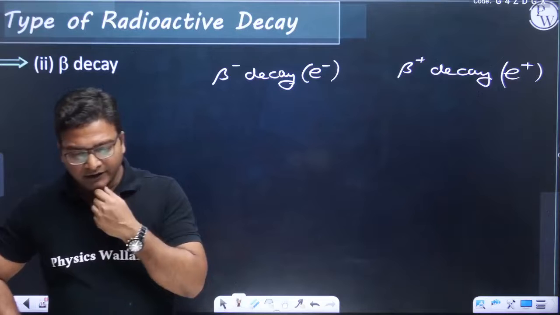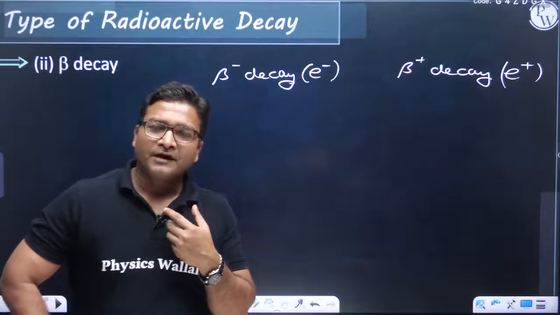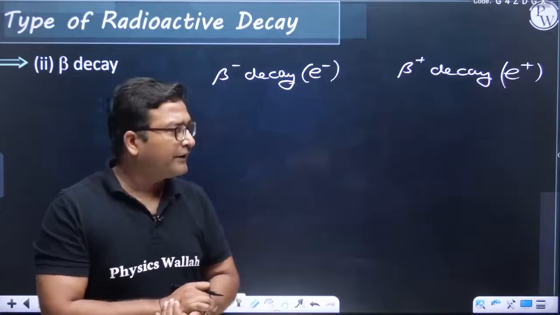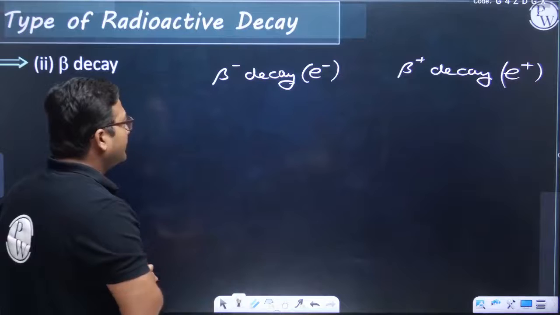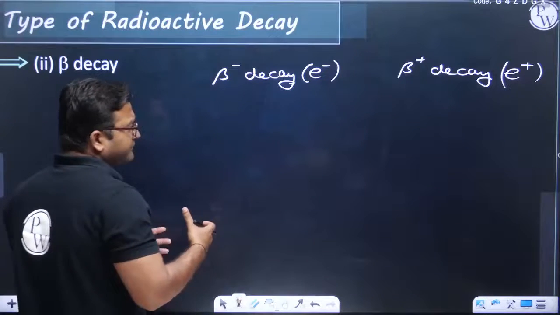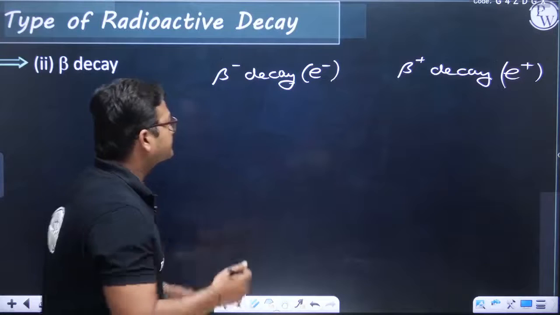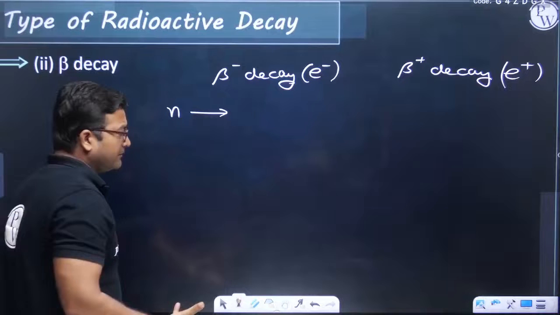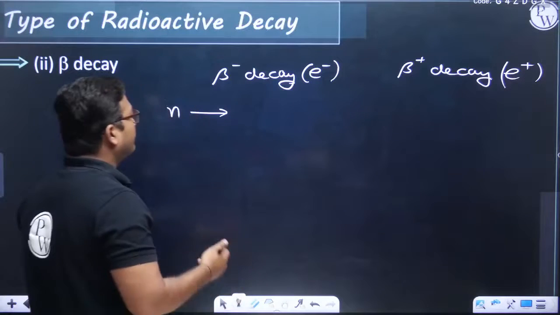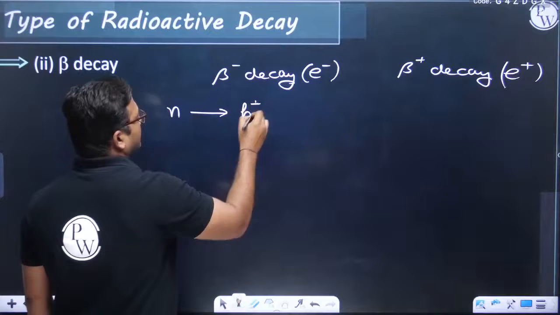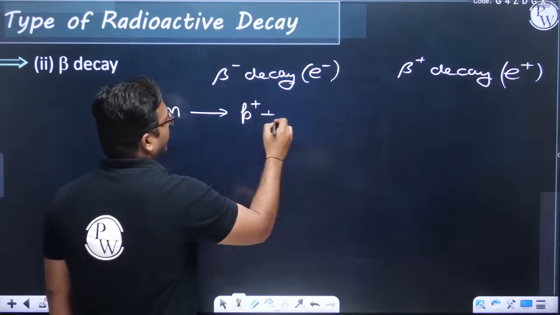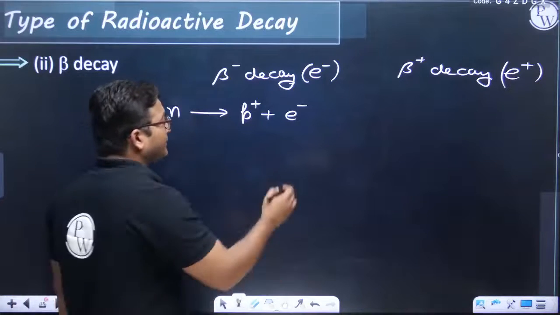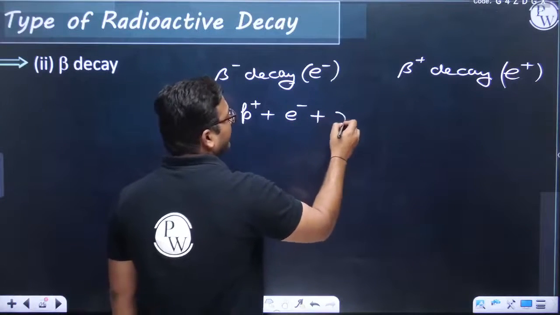Now you will say, okay, how can an electron come from a nucleus when the nucleus has no electrons at all? So what happens inside the nucleus? If the nucleus has a very high energetic neutron, it makes the nucleus unstable. So this neutron is sometimes converted into a proton. By charge conservation, an electron is also produced and one more particle is produced, which was named the anti-neutrino.